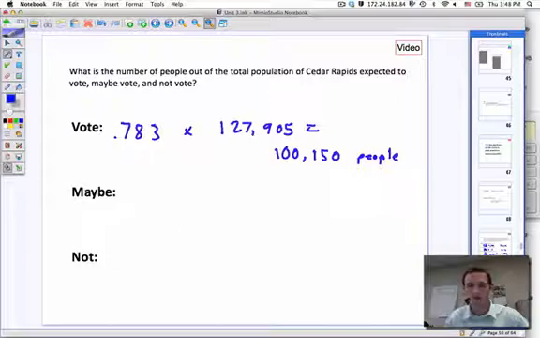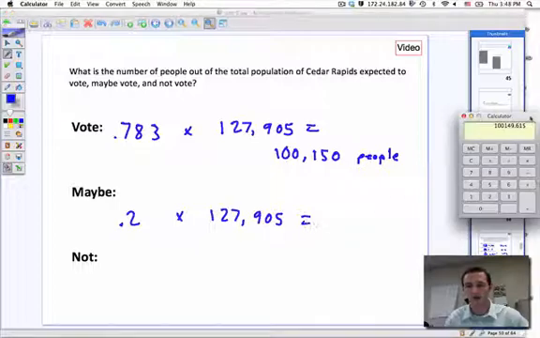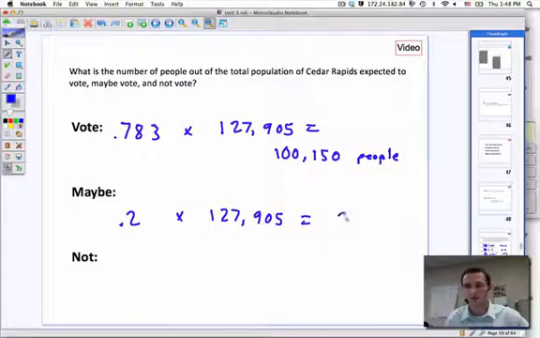If we do the same for might vote, we'll do 20% times our total population, or 20% of our total population. And there will be about 25,000 people who might vote.